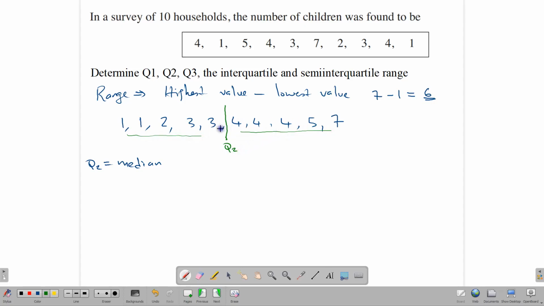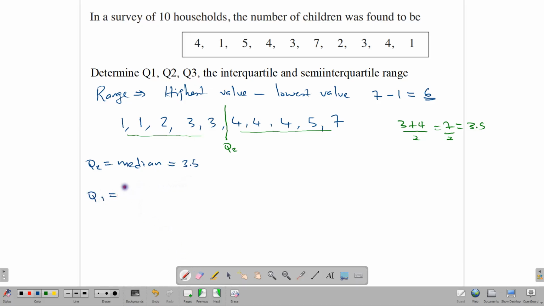So what number comes between 3 and 4? We take the mean of those. 3 plus 4 divided by 2, which gives us 7 over 2, and that gives us 3.5. So our median here is 3.5. Now let's look at our Q1.